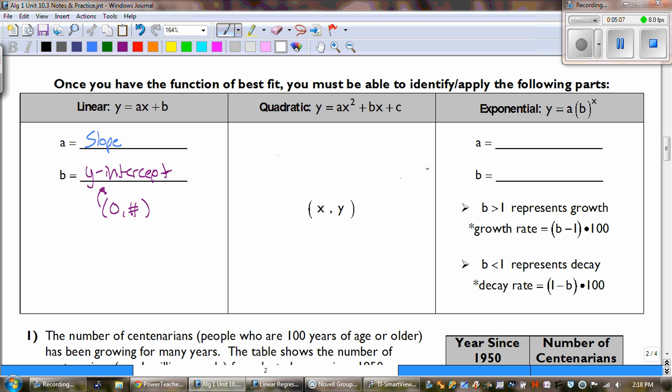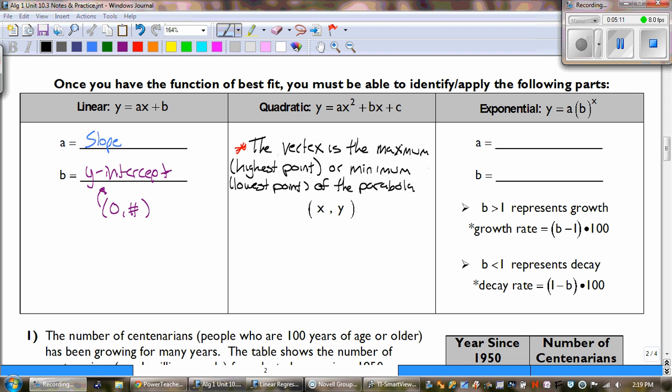I'm going to rewrite that really quick. The vertex is the maximum, which is the highest point, or the minimum, which is the lowest point of the parabola. If it's the max, we would see the highest point, and if it's the minimum, we would see the lowest point.